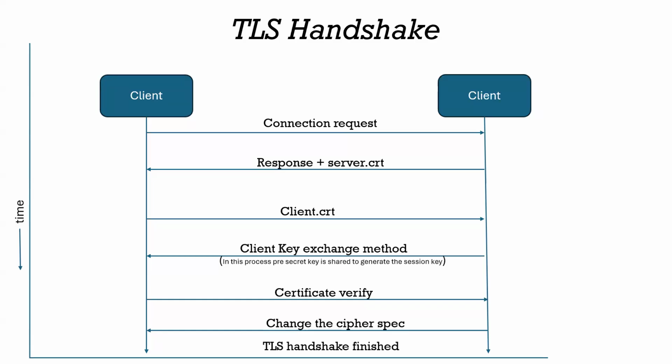The server decrypted it, and then they both have the same data, and using that, they generated a session key. So they both have the session key for that particular communication only.